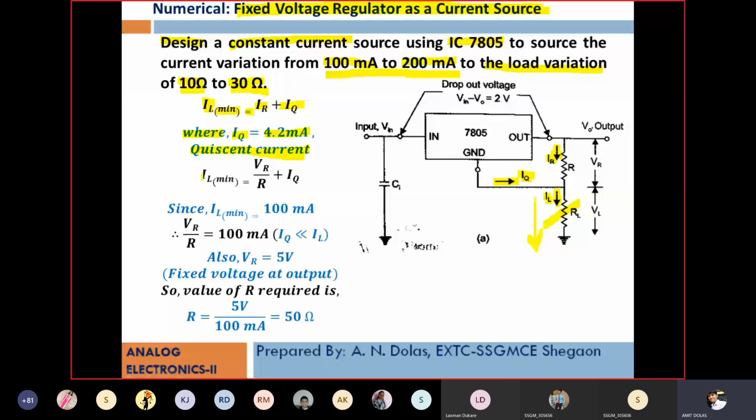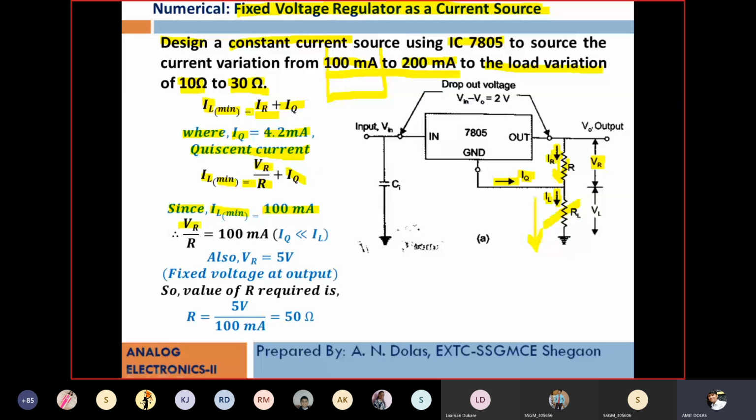So your minimum load current will be equal to, I have changed IR in terms of voltage and resistance. This is the IR which is passing through resistance R, which is nothing but the voltage across R, VR divided by resistance R, plus IQ. Since the minimum load current IL min is given in the problem statement, it is 100 milliampere.